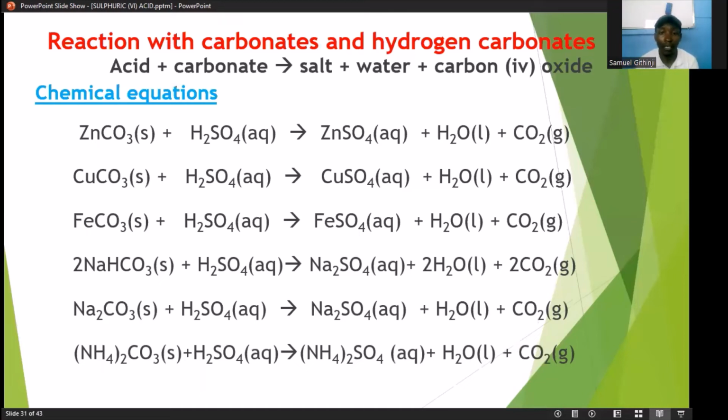Like you can see in the first column, all these are salts, then the second water, and then the last one carbon dioxide. Actually, when an acid comes in contact with a carbonate, there must be fizzing or effervescence of a colorless gas, carbon dioxide.